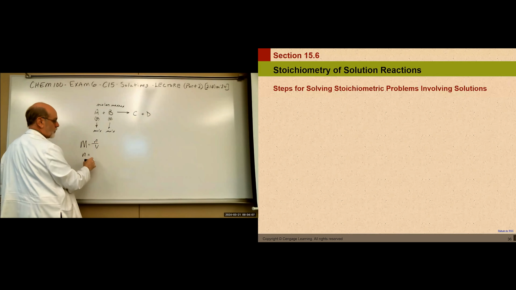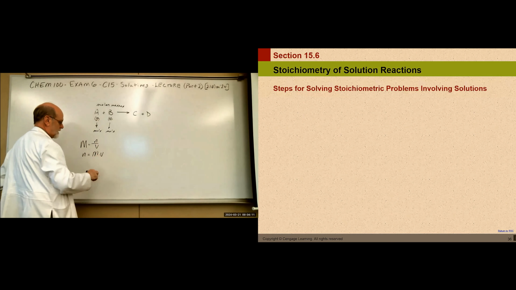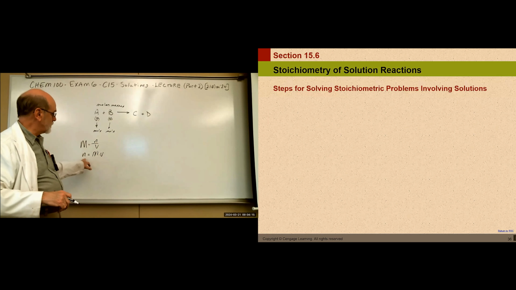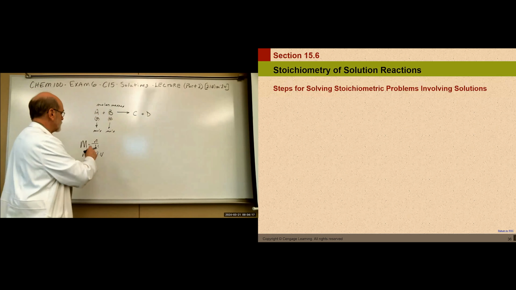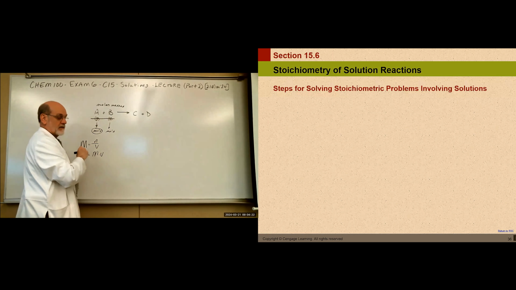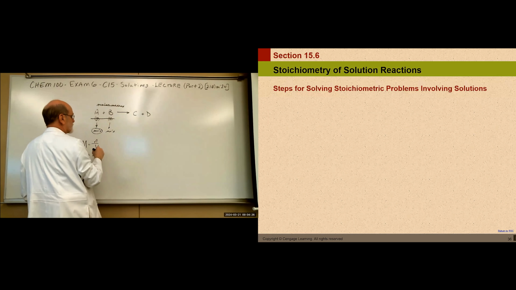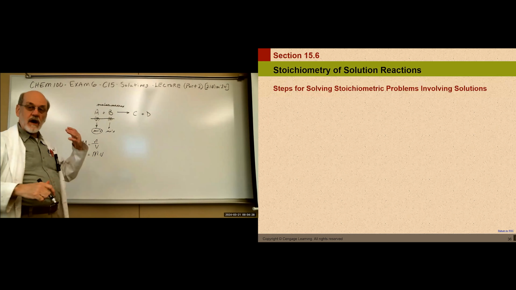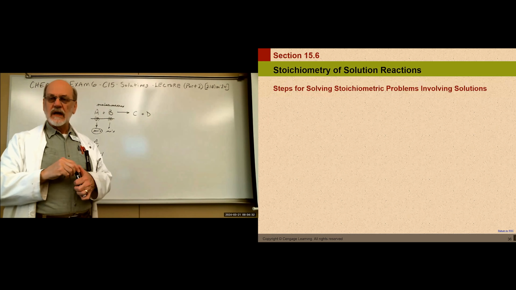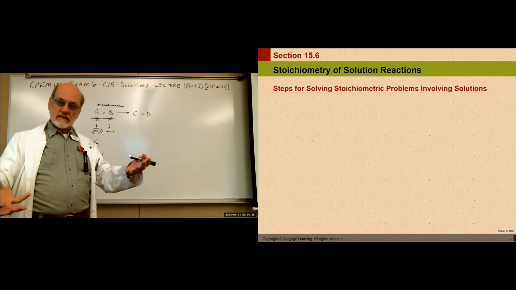We can solve for moles. So if you know the molarity of the solution and its volume, you can calculate the number of moles of reactant. So you can get to here, not by using mass and not by using molar masses, but by using concentration and the volume that is being combined in the reaction mixture.